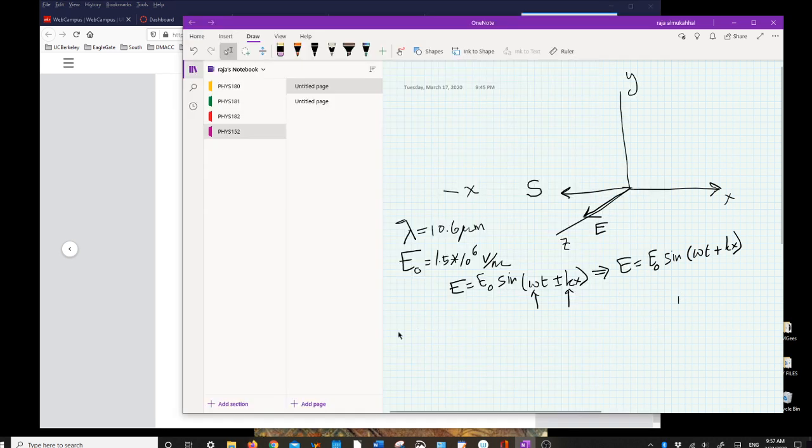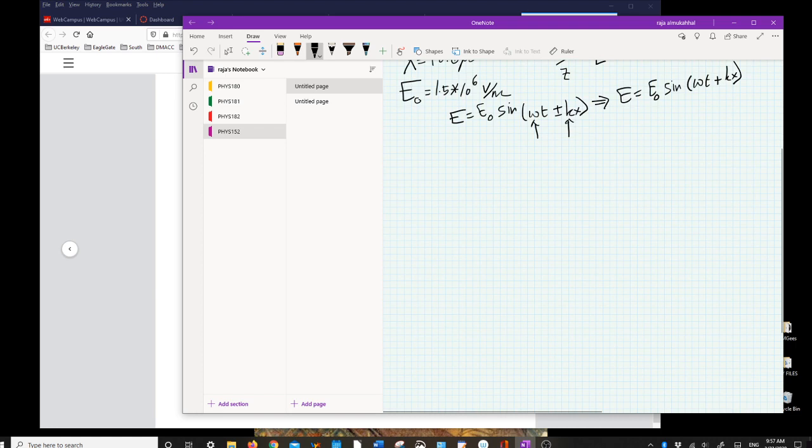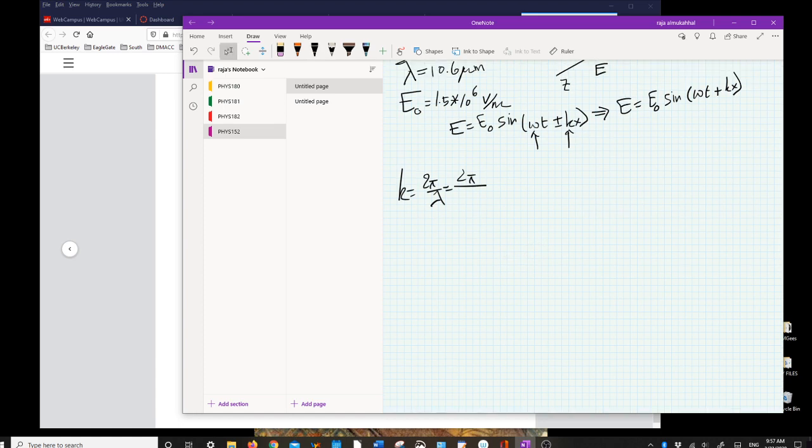Maybe I can use my finger and lift the page. There we go. You didn't see my finger, did you? So we have k is equal to 2 pi over lambda, and lambda is given to me, so that's 2 pi over 10.6 times 10 to the negative 6.